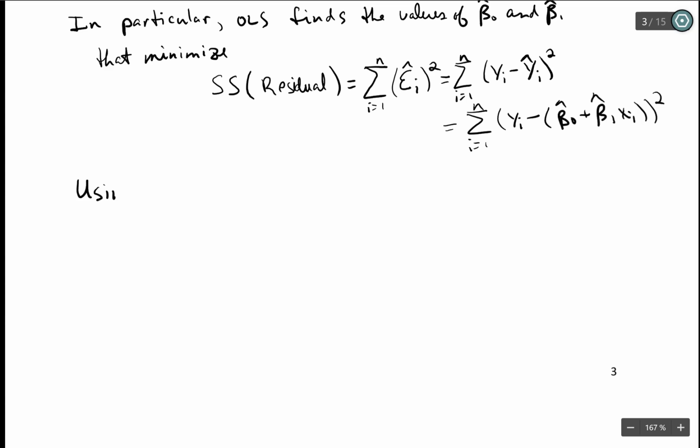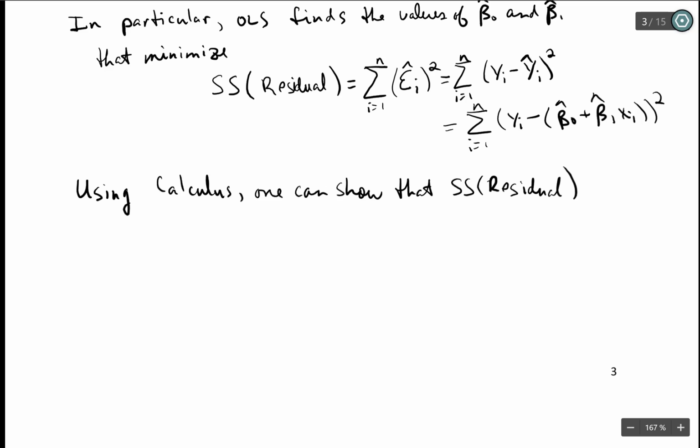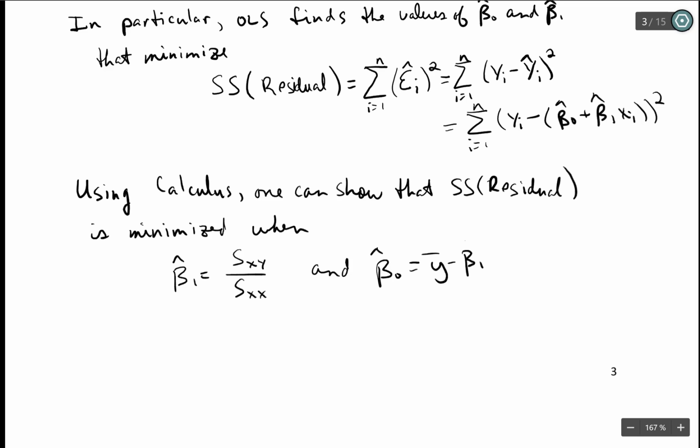Using calculus, one can show that SS residual is minimized when beta 1 hat is SXY over SXX, and beta naught hat is y bar minus beta 1 hat x bar.